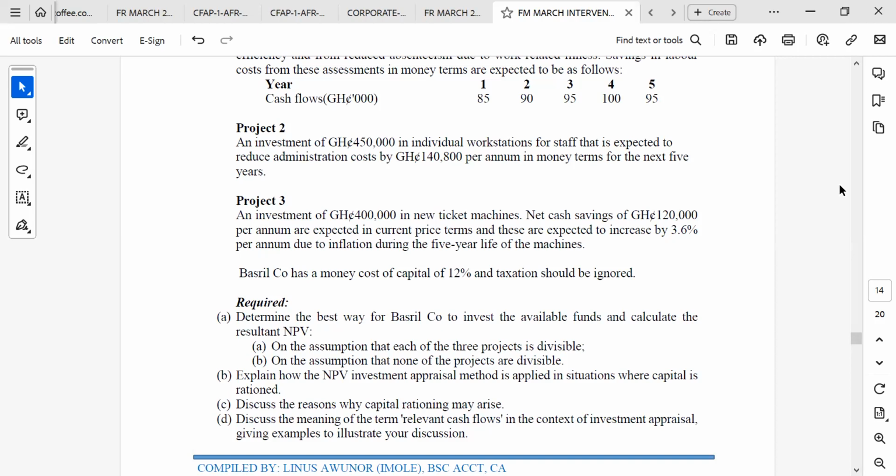Requirement B. Explain how the NPV investment appraisal method is applied in situations where capital is rationed. C. Discuss the reasons why capital rationing may arise. D. Discuss the meaning of the term relevant cash flows in the context of investment appraisal, giving examples to illustrate your discussion.